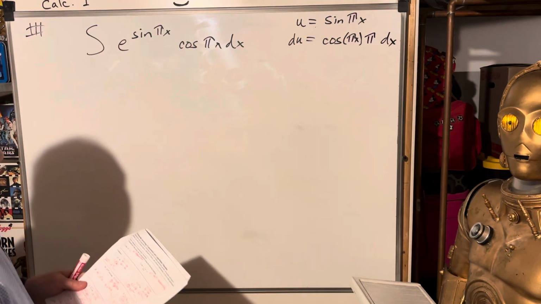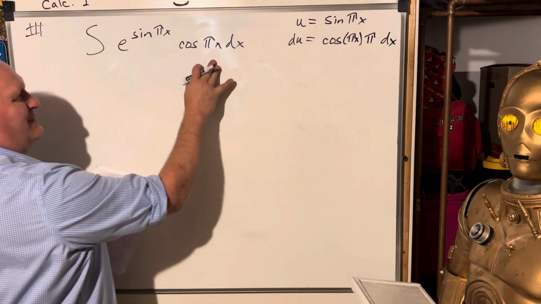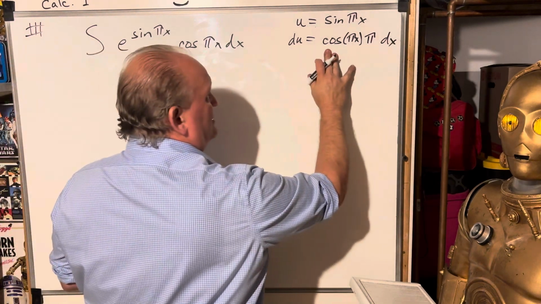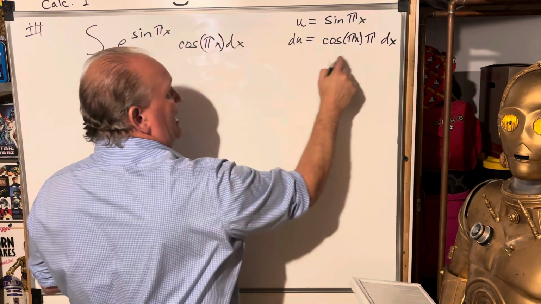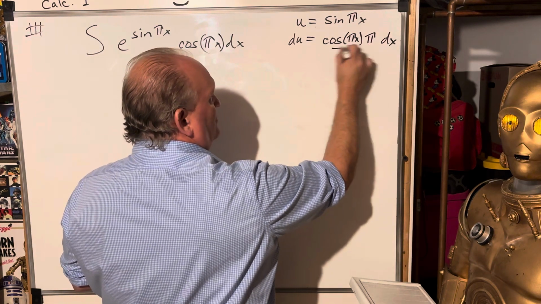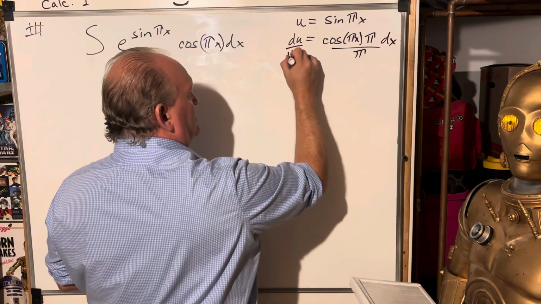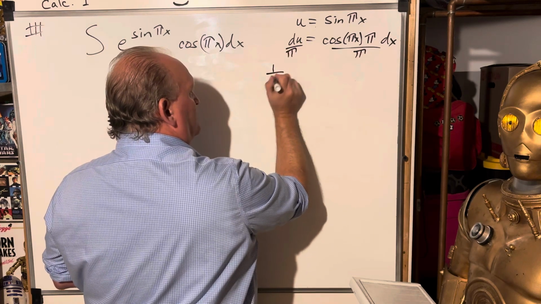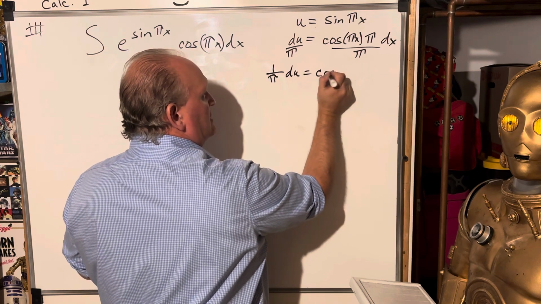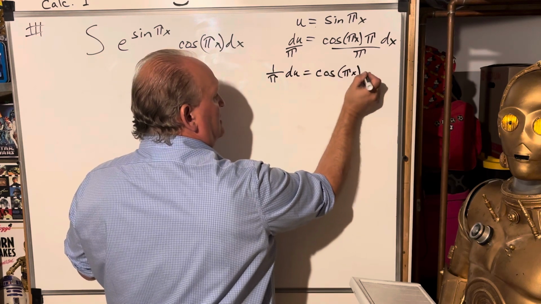Okay, so we're missing a pi. We got cosine pi x dx, but there's this extra pi hanging out here, so we got to divide that out. And so you got 1 over pi du is equal to cosine pi x dx.